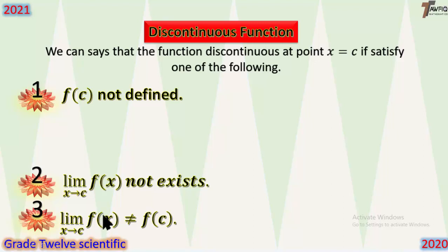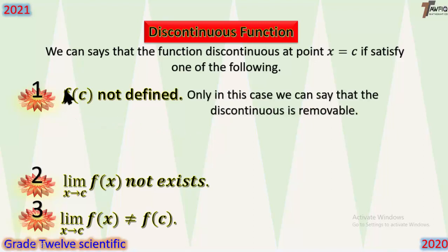Some of these discontinuities are removable and some are not removable. If the function is not defined and the limit exists, then in that case the discontinuity can be removed.